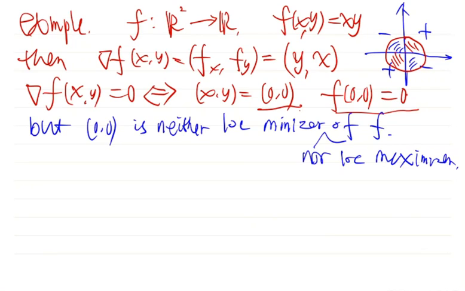Okay, so this tells us that a critical point is not necessarily an extreme point. So we need some criteria to distinguish this.